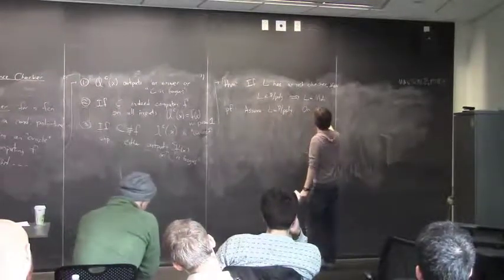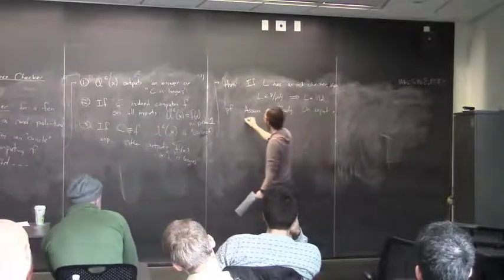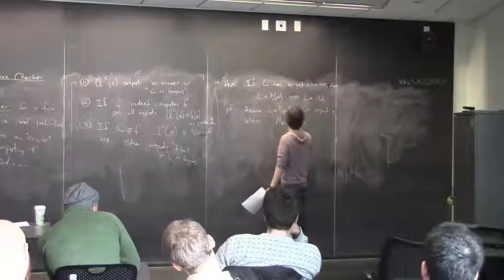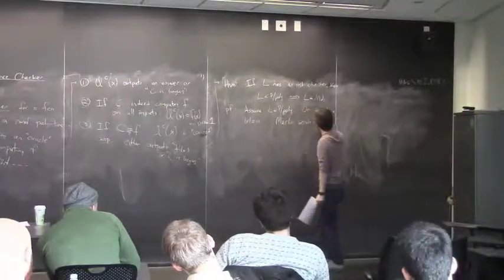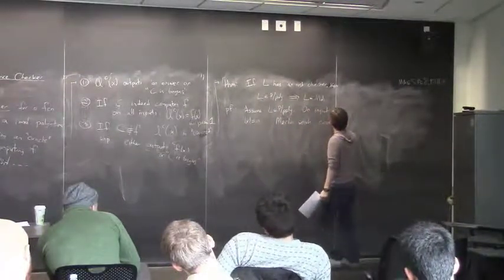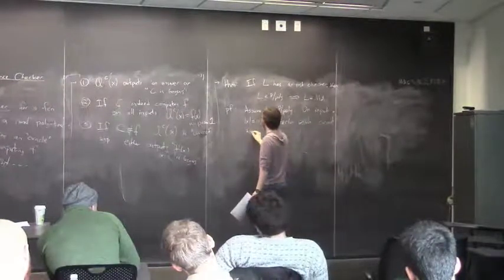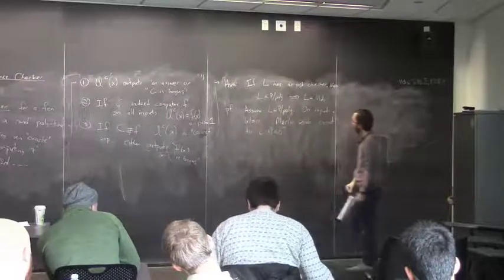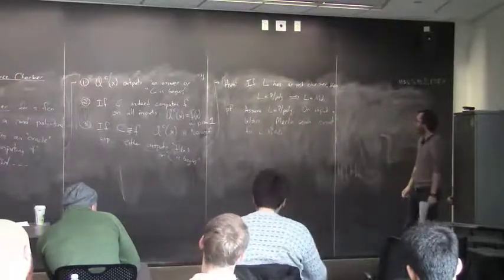So on input X of length n, Merlin sends the circuit for L on length n inputs. That's what it's supposed to do.